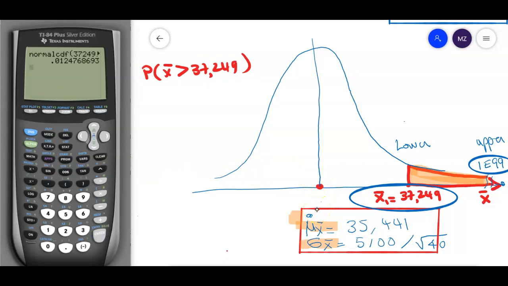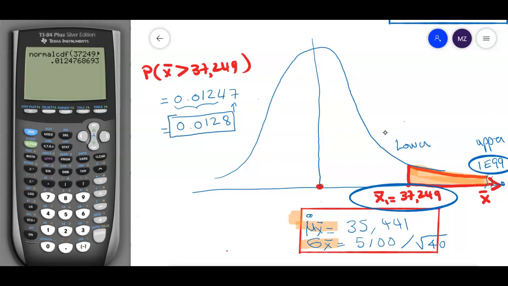And that's the area. That's it. So the area, or the probability, would be equal to 0.01247. If I need four decimal points, you're going to be rounding the 7, and this is going to be 0.0128, and this is your answer.